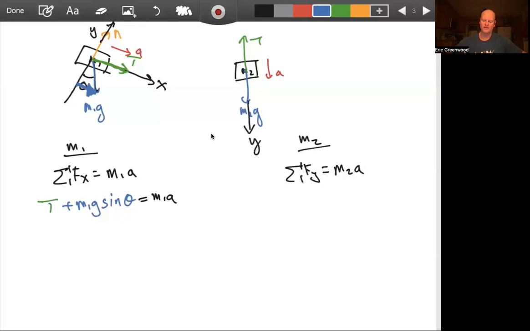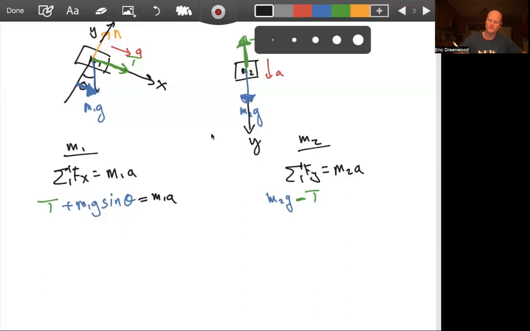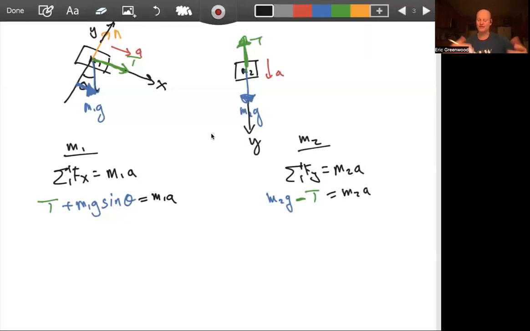Well, here I have the weight, all of the weight, and it's pointing in the positive y direction. So in this case, I'm going to get an m2g. Other than that, I have my tension force. So here's my tension force. My tension is all of it, but it's pointing in the opposite direction of positive y. So I get a negative sign, and that's all equal to m2a.